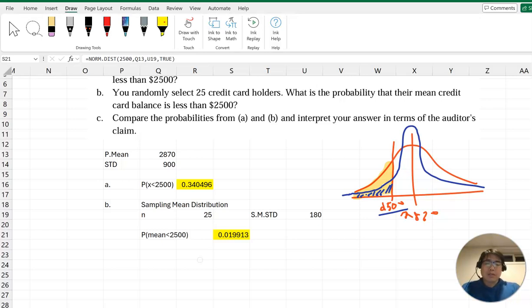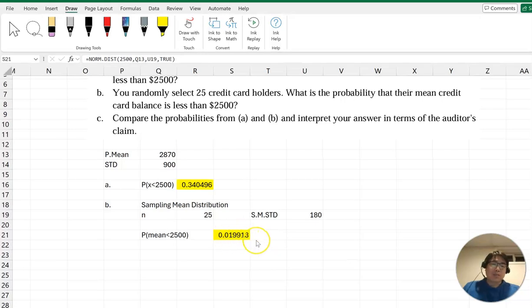That's the reason: whenever we do a sampling mean distribution, our probability value gets more centered on the center area. That's why our probability value gets smaller.